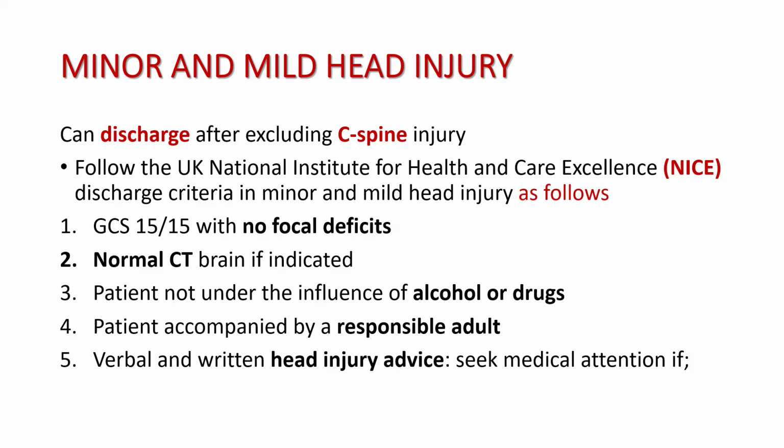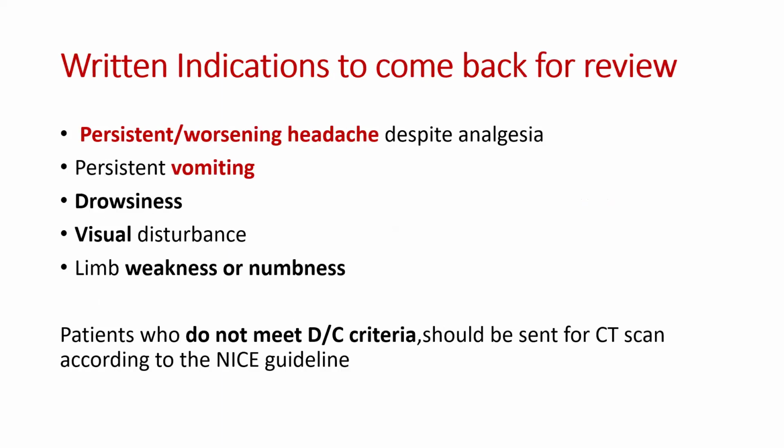This written and verbal head injury advice tells them to come back for medical attention if they get these symptoms. If they get persistent or worsening headache despite analgesia, or persistent vomiting, and our supervisor said it has to be projectile vomiting, indicating increased intracranial pressure.